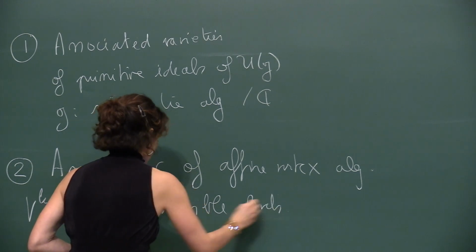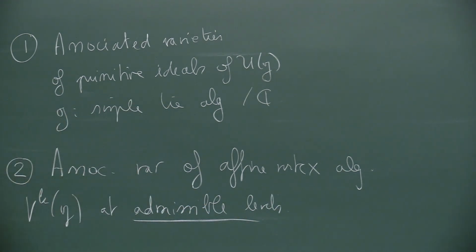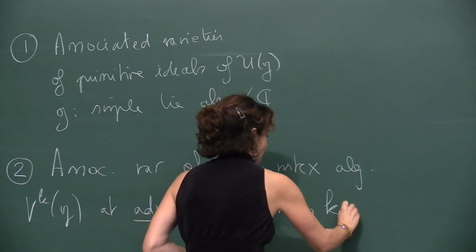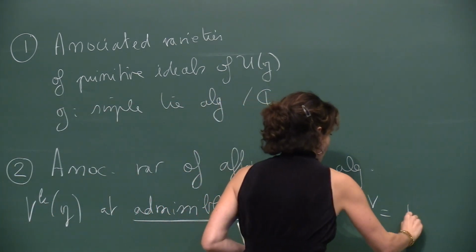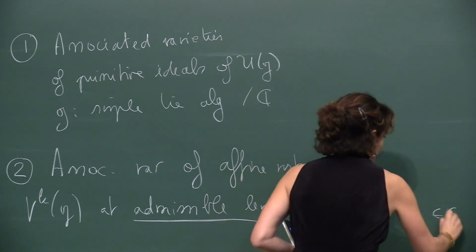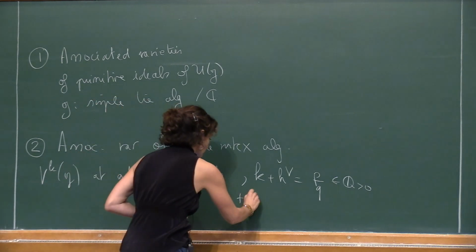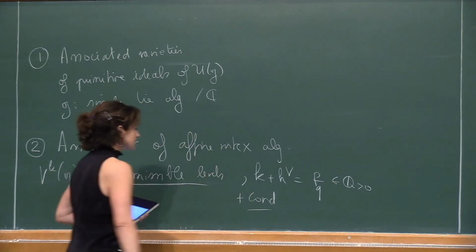We already encountered this notion in David and Drazen's talk. So let me recall that this means that k plus the dual Coxeter number is a positive rational number, plus some conditions that I will recall later. For the moment, just remember this.